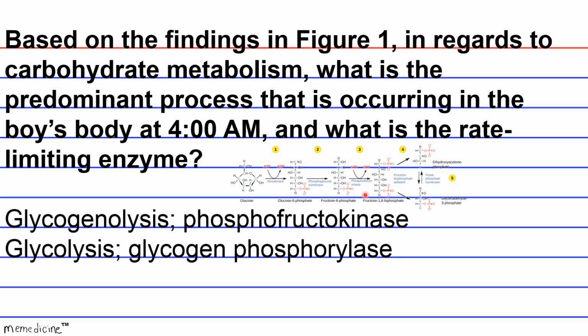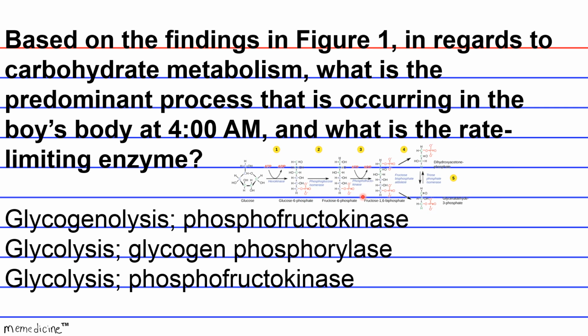I think I'm giving away the answer, but I'll explain to you what glycogen phosphorylase is anyway. So it's one of the phosphorylase enzymes. Glycogen phosphorylase basically catalyzes the step in glycogenolysis that releases the glucose 1-phosphate from the terminal alpha-1,4 glycosidic bond, okay?